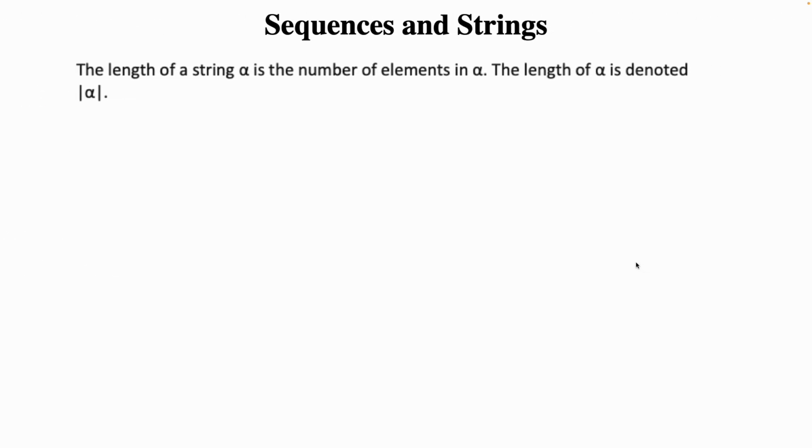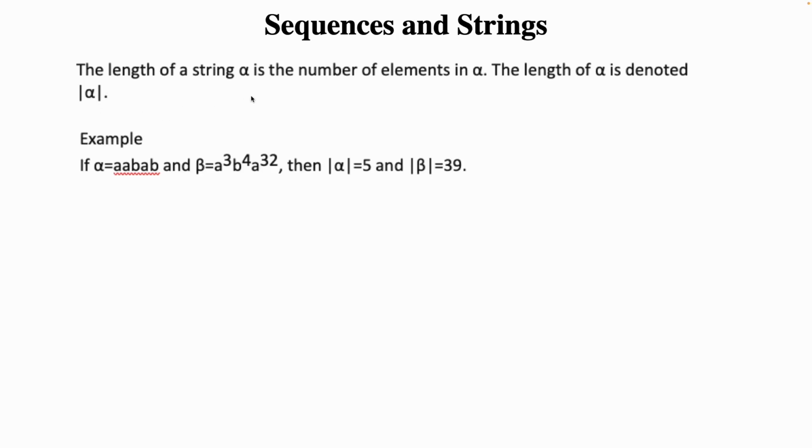Okay. The length of a string alpha, so the name of the string is alpha, is the number of elements in alpha. The length of alpha is denoted by absolute value alpha, by that notation. So if alpha is AABAB, and beta is A cubed, B to the 4th, A to the 32, then the length of alpha is 5, because you can clearly see there's 5 characters in it.